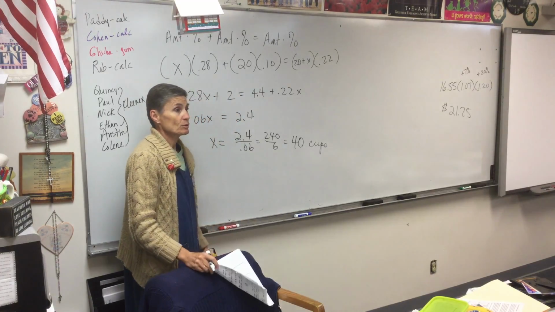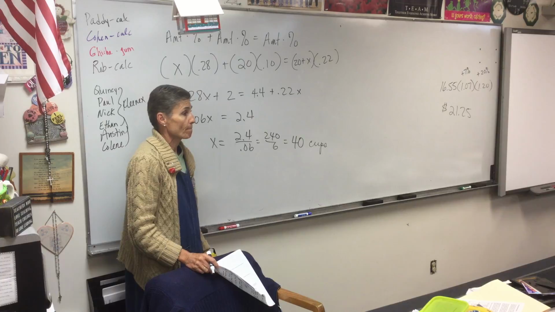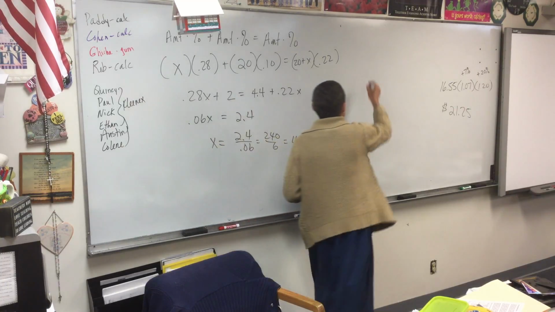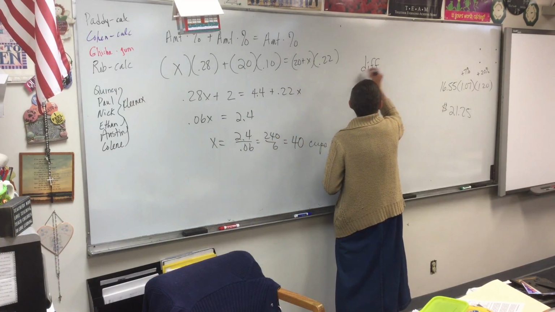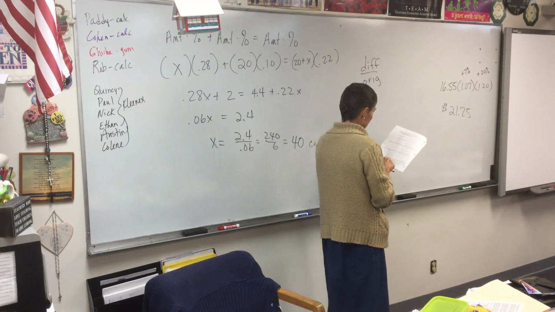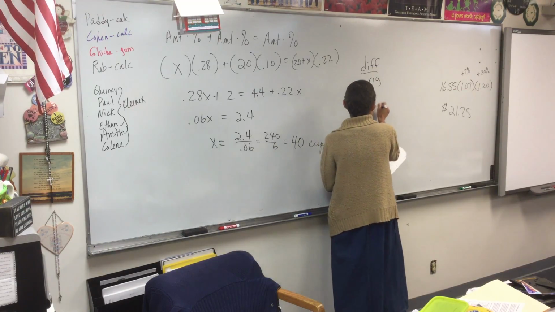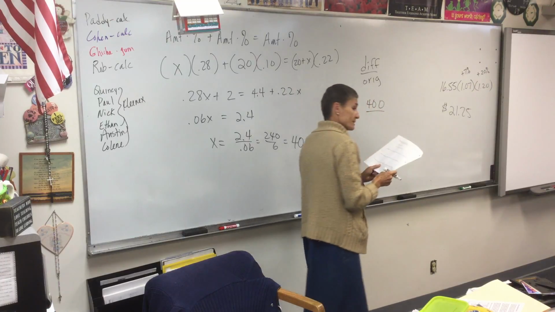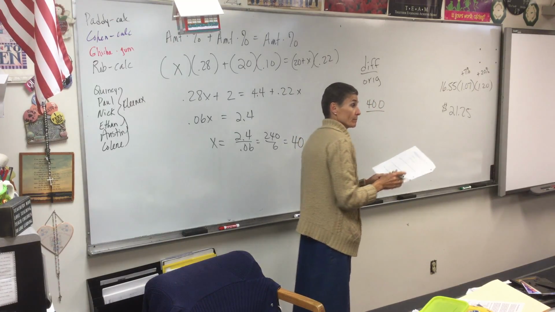All right, how do I find percent of increase? Difference over original. So what is the difference? 400? And what do I consider the original? 11.8?